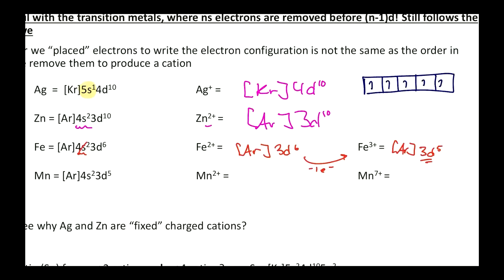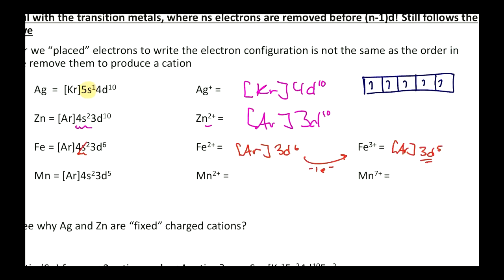So this is a half-filled d subshell, which is unusually more stable than other arrangements of electrons. So iron 3+ is the most common form of iron ion because of this extra enhanced stability given by a half-filled d subshell.